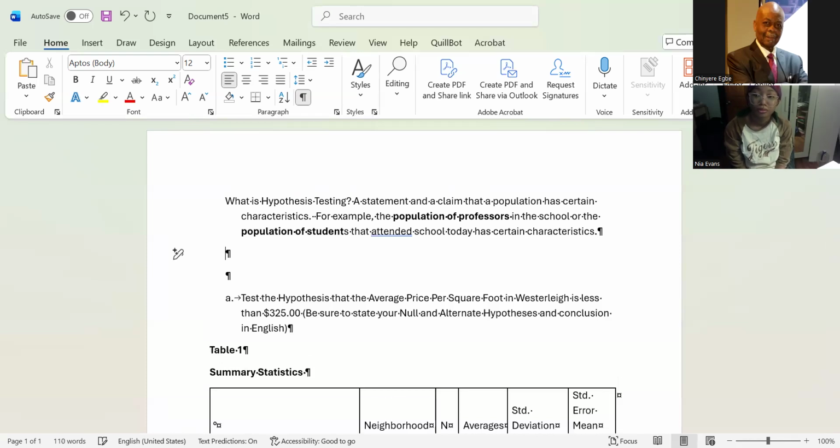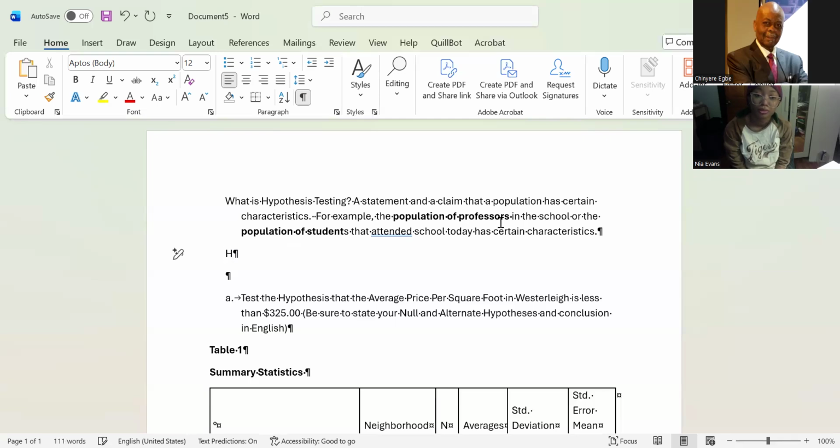That's a hypothesis. And those characteristics will be the average expenditure on lunch, the average income, the average travel time to school. That is a characteristic. Here we are testing hypothesis for average.